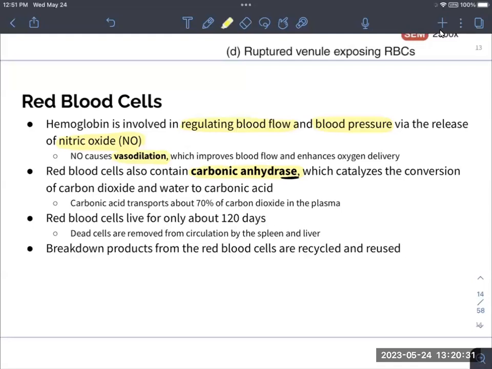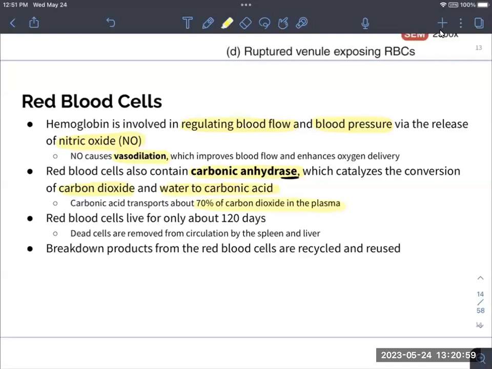Cells are getting rid of any carbon dioxide that they create from that oxygen that they used. And it's going to take that carbon dioxide and convert it into water and carbonic acid. This is how we transport a lot of our carbon dioxide in the blood.